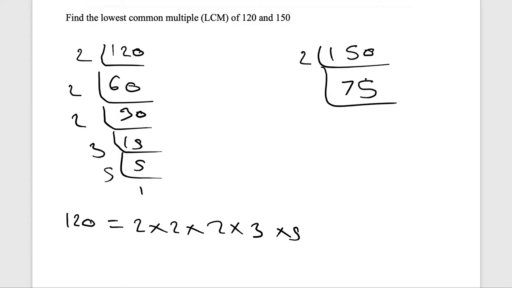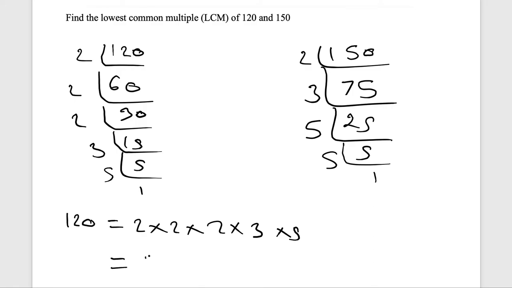Now into 75, what will go? 3 will go. So it would be 25. The next prime number is 5, 5, 5, and 1. So you would have 2 times 3 times 5 times 5, and that's going to be equal to 150. Now the next step is we find out the highest common factor.